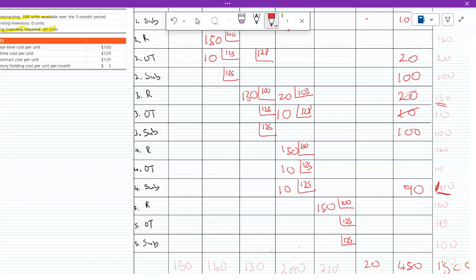Okay, and then that is a 10, and then we need a 50. 150 plus 50 is 200 plus 10 is 210. So this is good, and then we are remaining with the 50 here.